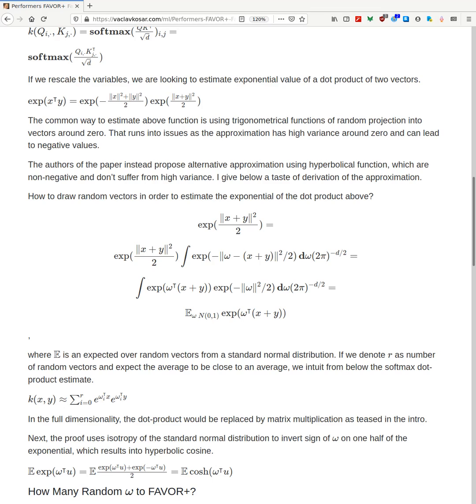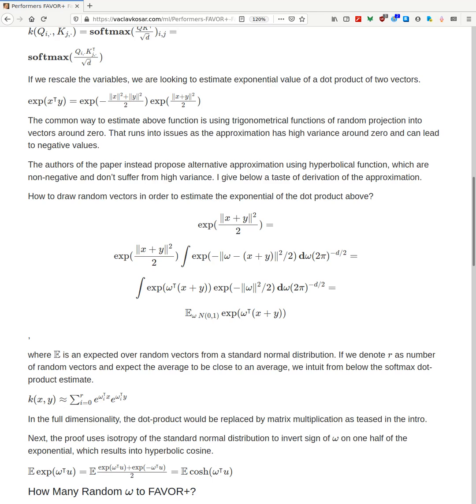If we move this value that we had at the beginning under the integral and do some rearranging, we actually get a mean value of the exponential of omega dot product with x plus y. And this is what we actually wanted, because now if we draw omegas from the standard normal distribution and take an average over omega of the exponential of omega dot product x plus y, we will get our approximation of the softmax.